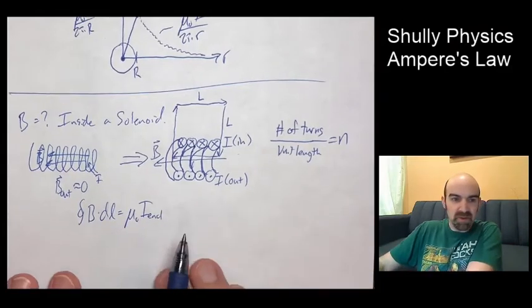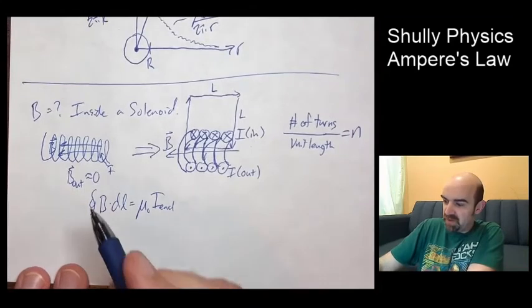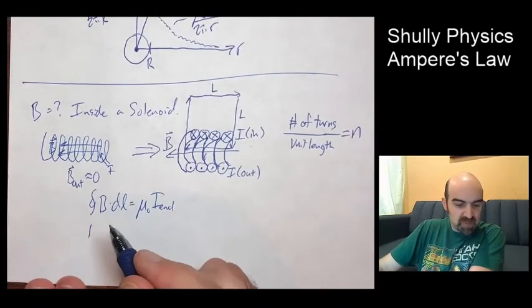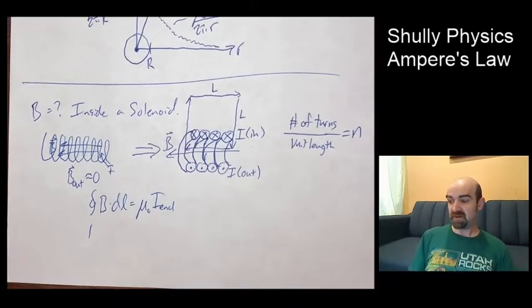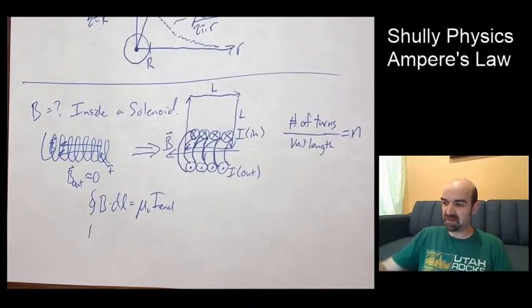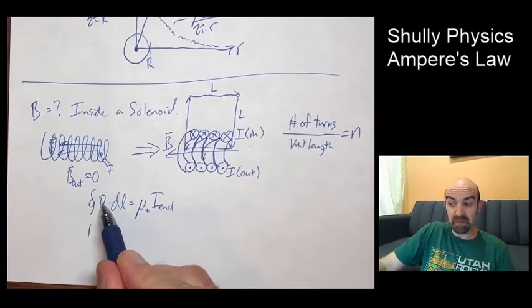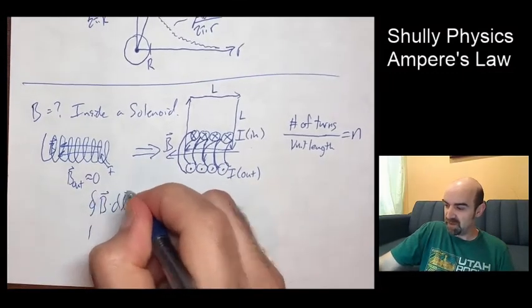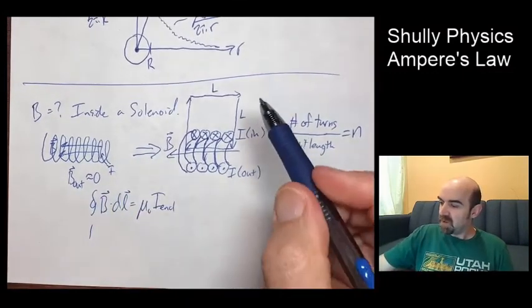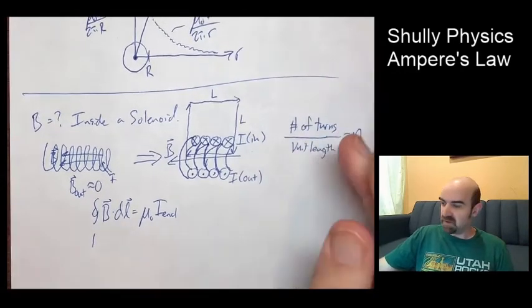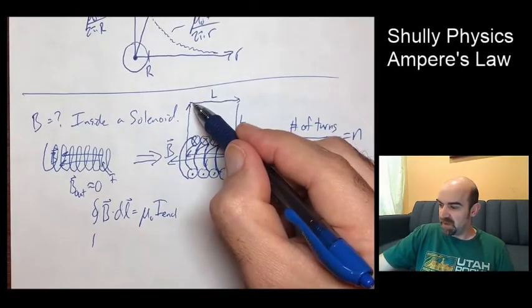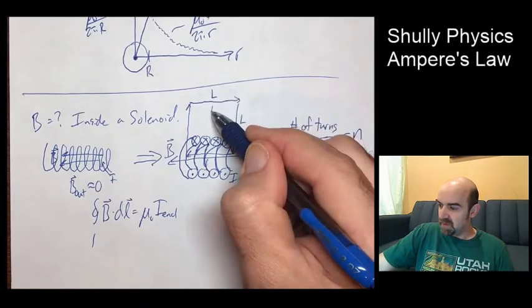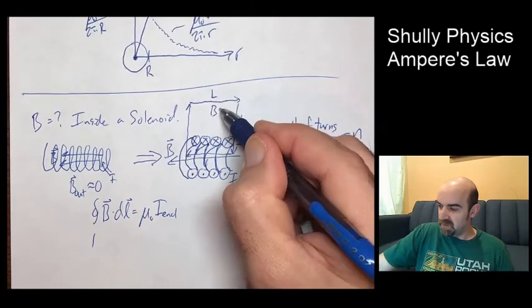All right, so let's apply Ampere's law. We're going to have 4 different segments here. So I'm actually going to sum up 4 different B times dLs, or B dot dLs. We do have to remember that. Okay, so the first one I'm going to start with is the top here. Out here on the top, the magnetic field is essentially 0.